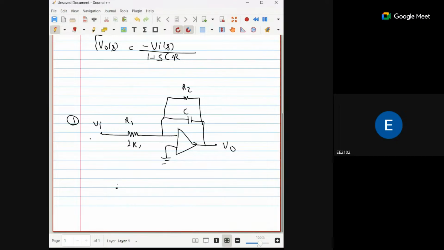R1 is 1 kilo ohm that we take, and C is 10 nanofarad, and we are given frequency FC as 5 kilohertz. Right. So can you tell what is the value of R2? Can you solve?